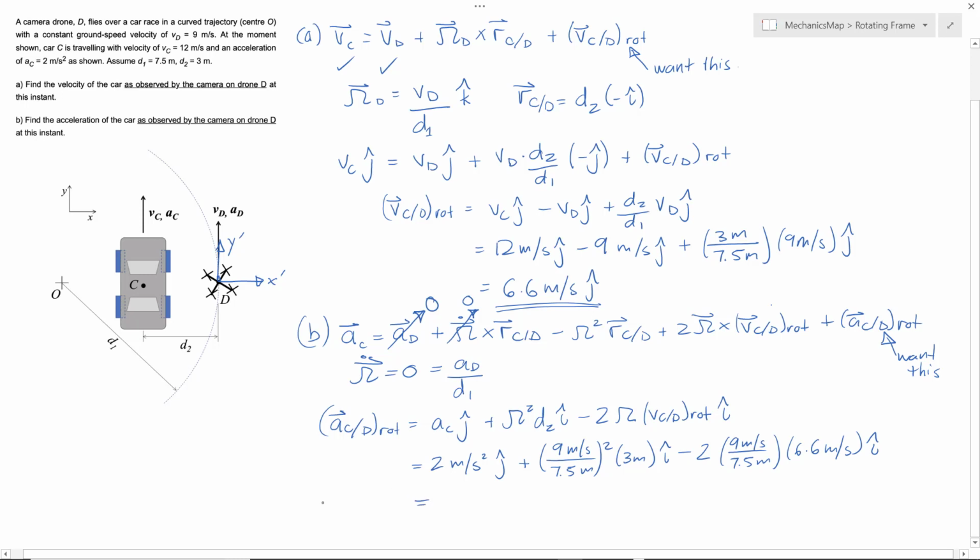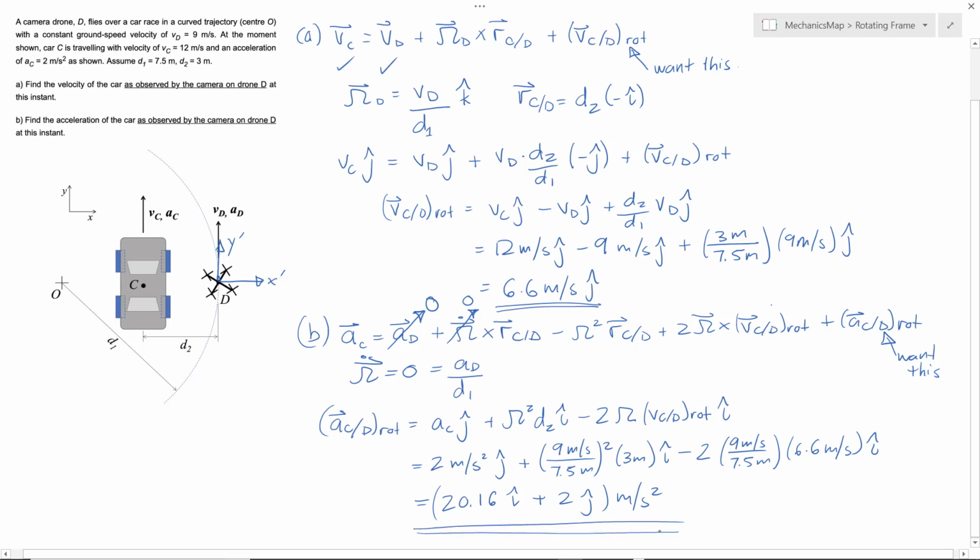And that results in a final result of 20.16 I hat plus 2 J hat meters per second squared.